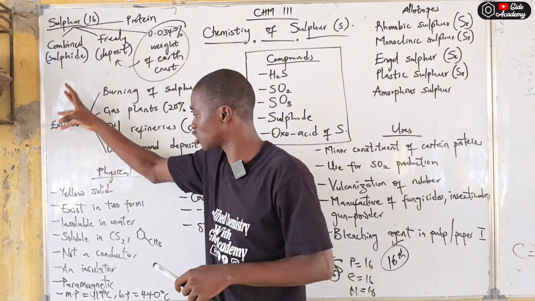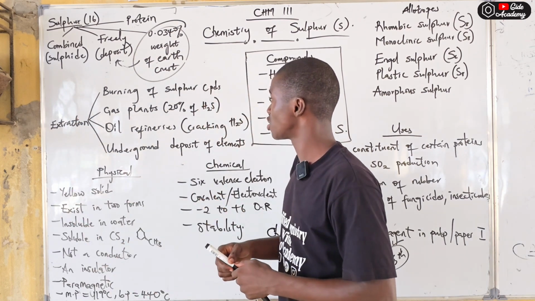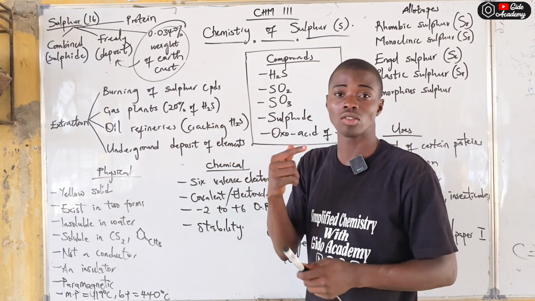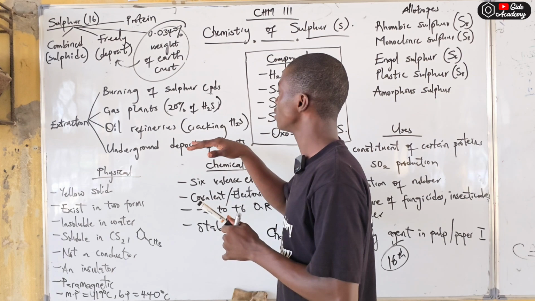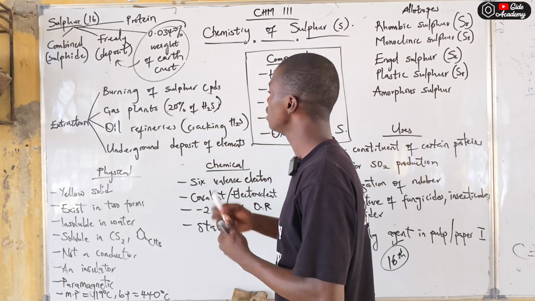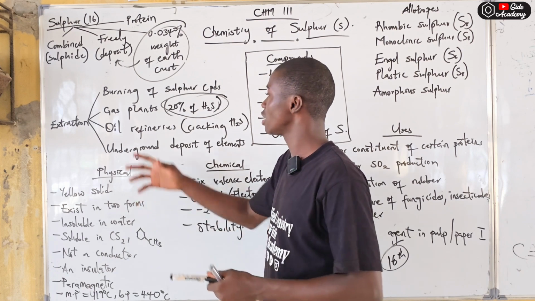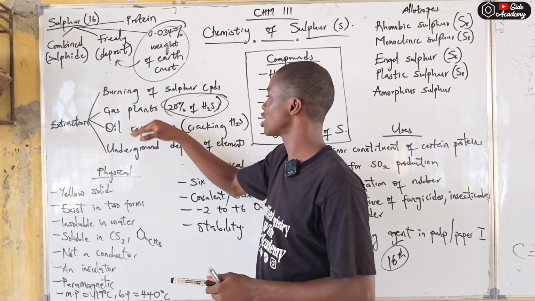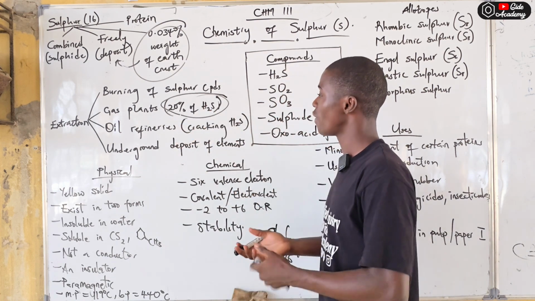So how do we extract sulfur? Sulfur can be extracted by burning sulfur compounds. If you burn a sulfur compound, what you get at the end of the reaction is sulfur. Then some natural gas contains 20% hydrogen sulfide, and sulfur can be extracted from natural gas plants, where most of the plants contain about 20% hydrogen sulfide.